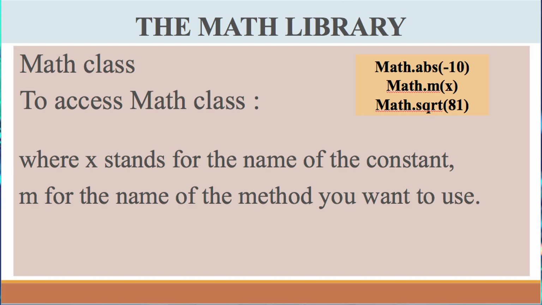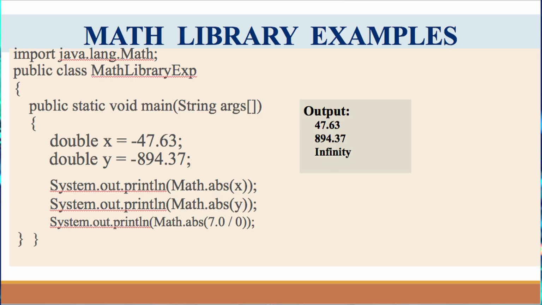Again with the same math library, we have another function. You can see this is the complete program. In the first line you can see import java.lang.math. By writing this line, we are importing the Math class and all the functions of the Math class, and this Math class is under the lang package, and the lang package is under the java package.